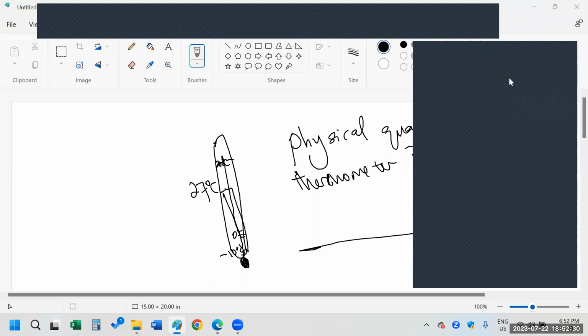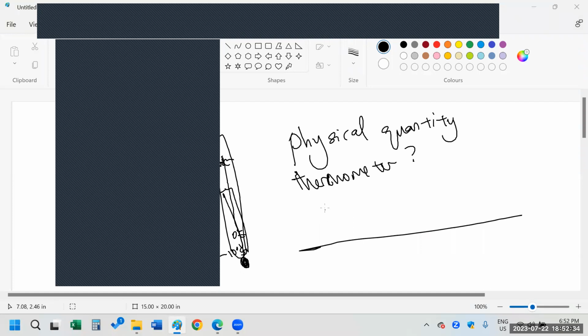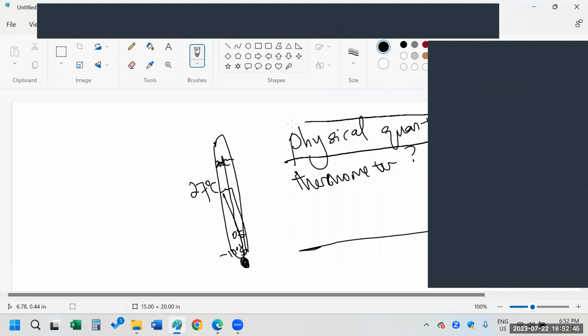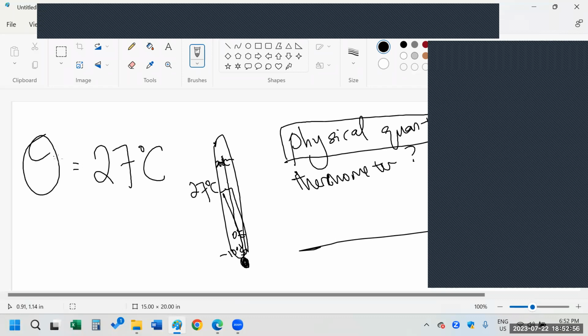I'm asking for the physical quantity. Okay, if you're not sure, write down 27 degrees Celsius means it is measuring, yes, temperature.